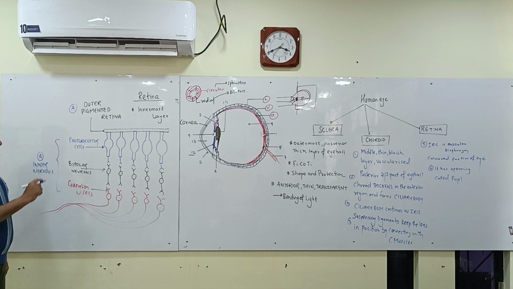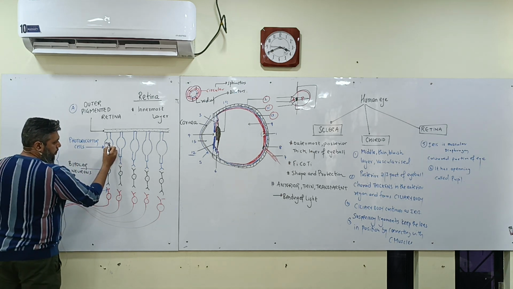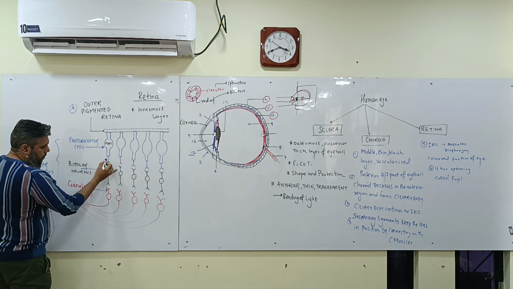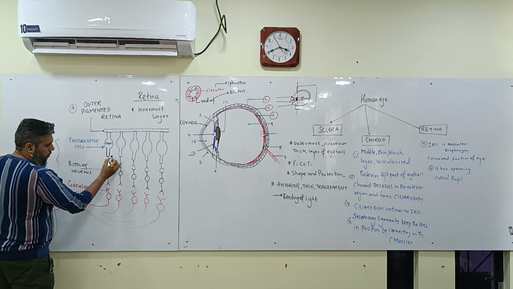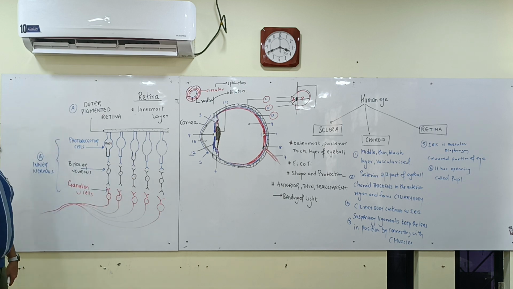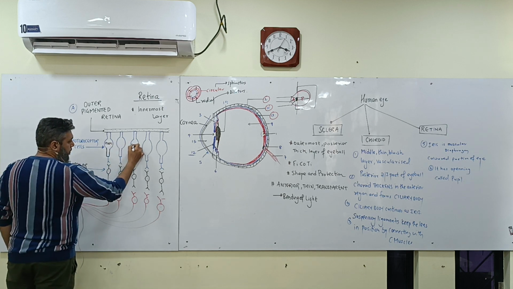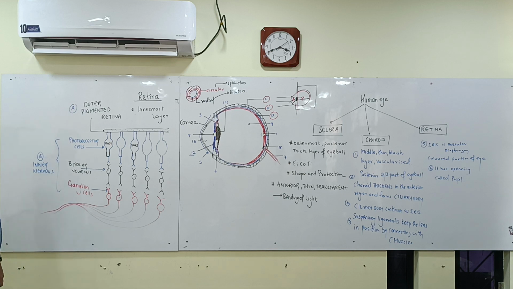Now focus on the photoreceptor cells, and you will see that they are of two types. As the photoreceptor cells are synapsing with the bipolar neurons, look at this end. It is like a rod, and this is like a cone. So we have two types of cells, rods and cones.